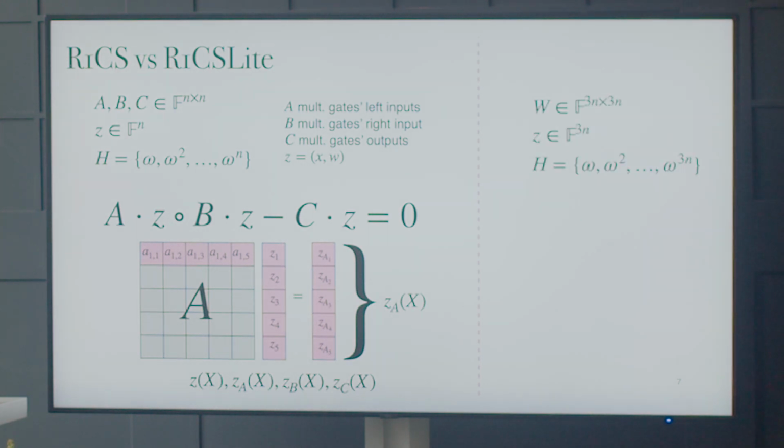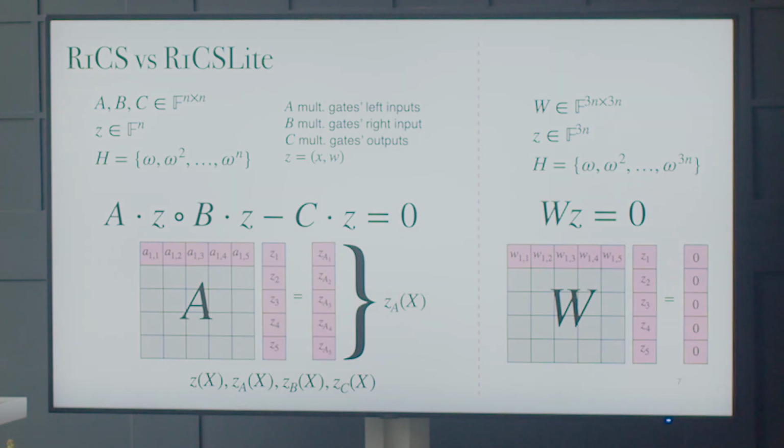On the other hand, in R1CS Lite, we have a single matrix, which is bigger than the matrix in R1CS, and we show that a single multiplication is 0. Eventually, what we need to send is only 1 vector. That allows us to shave 3 group elements from the communication.